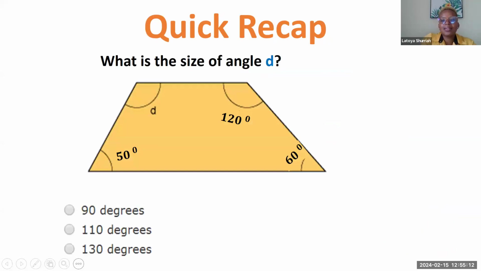All right, so it's about angle D. Definitely need the reason for this one. Rashida, where are co-interior angles formed? What's the criteria to have co-interior angles?